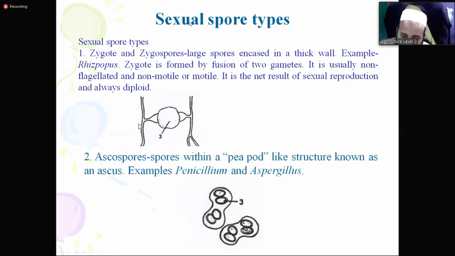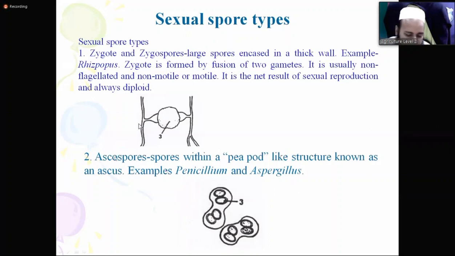And sexual spores are not produced much, only a few sexual spores are produced in their life cycle. Another spore is ascospore. Ascus is a type of structure. Ascospore belongs to a special group of fungi, Ascomycotina or Ascomycota.